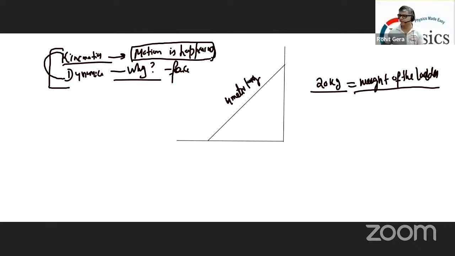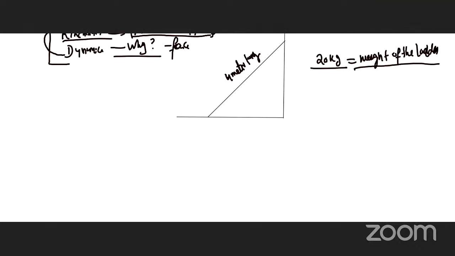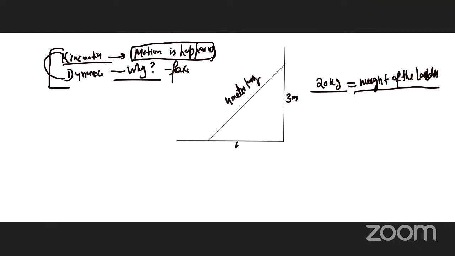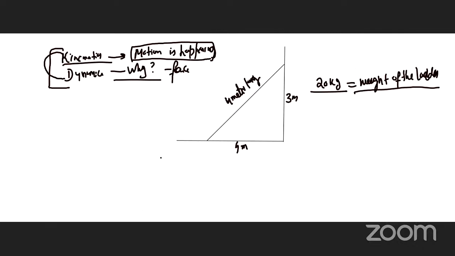Calculate the reactions coming from the wall. अच्छा Okay, so the length is given. That you need to know the dimensions. For example, this is given to be 3 meters. This is given to be 4 meters. Draw the diagram. ठीक है, सही बोल रहे हो. There is no friction. फ्रिक्शन नहीं था नहीं है. So frictionless है.